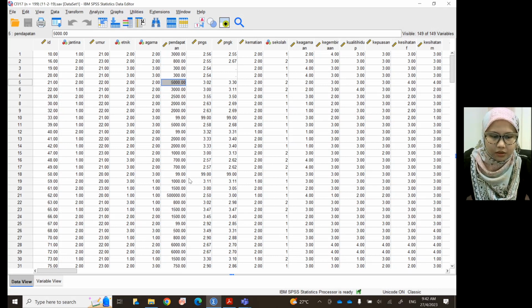We want to know whether our data is normally distributed or not normally distributed.